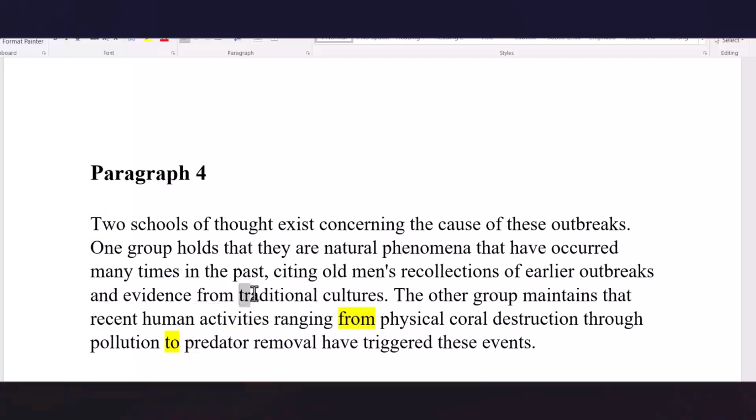Another word is tradition or traditional. Stress in this word is on the letter D: traditional. And some students mistakenly pronounce this word as tradition or traditional, and by pronouncing it that way, they place much stress on the letter T. Recollection.